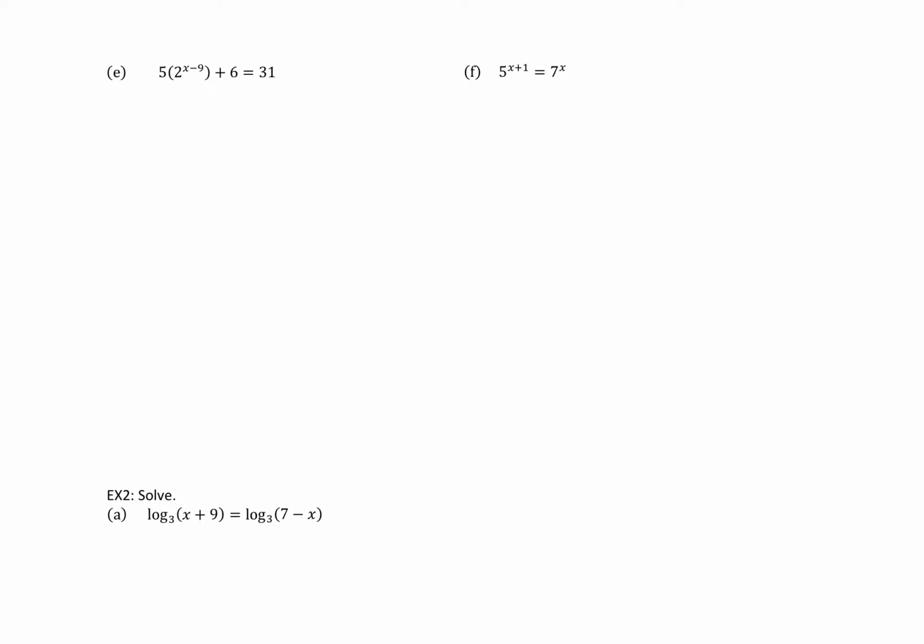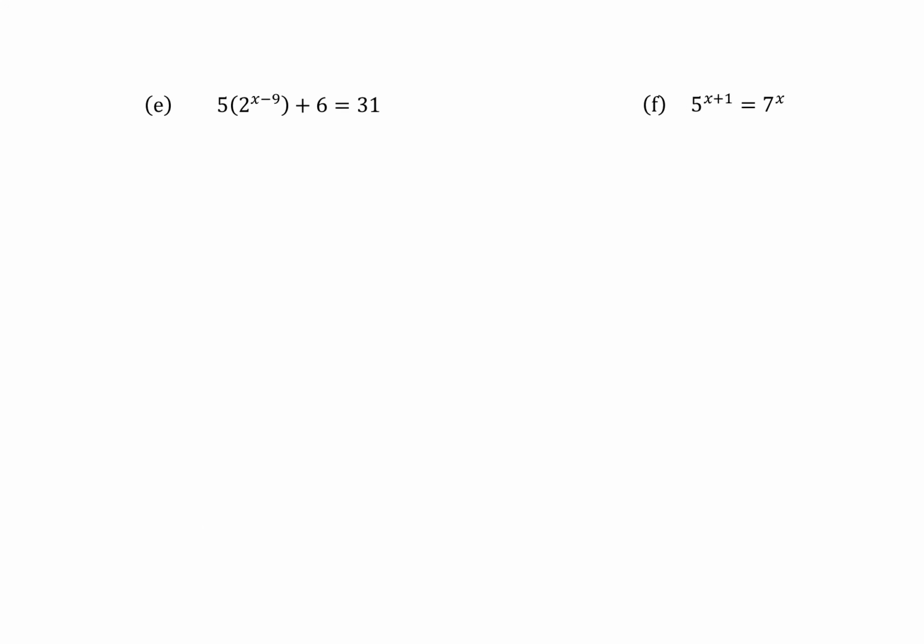Let's do 2 more examples. Difficulty is going to be a little bit more on these last 2 exponential equations. In part E, I have 5 times in parentheses 2 to the x minus 9 plus 6 equal to 31. Now, I cannot log both sides the way it's written. What I want to do is simplify the equation as much as possible before I decide what I'm going to do, because maybe I can get bases to match.